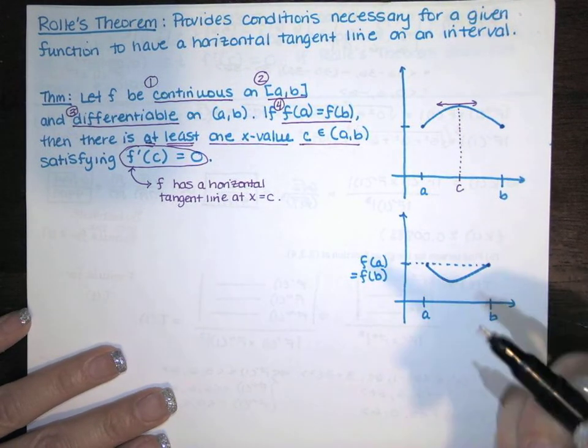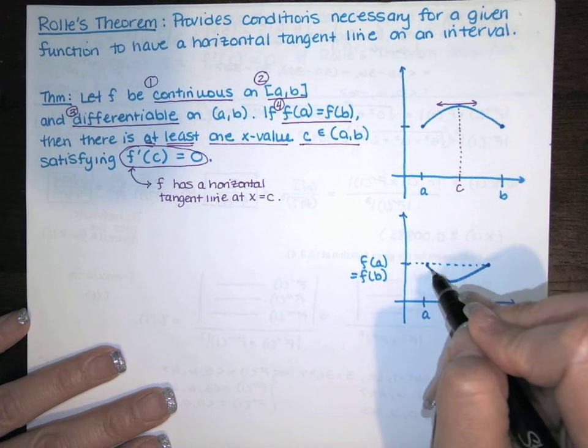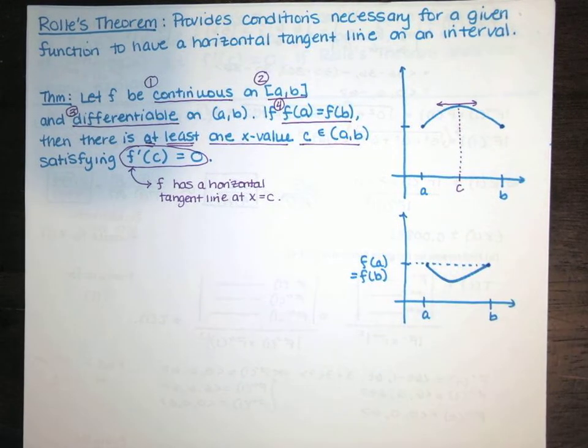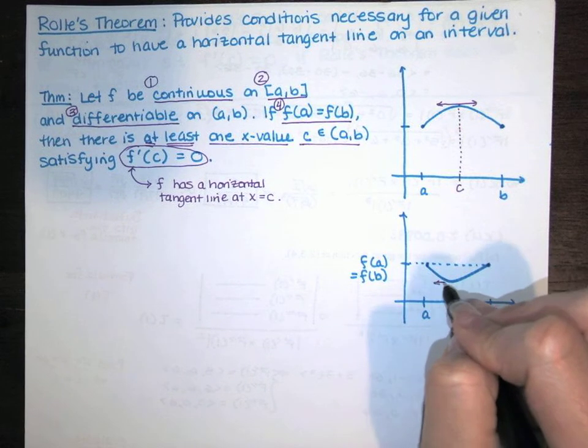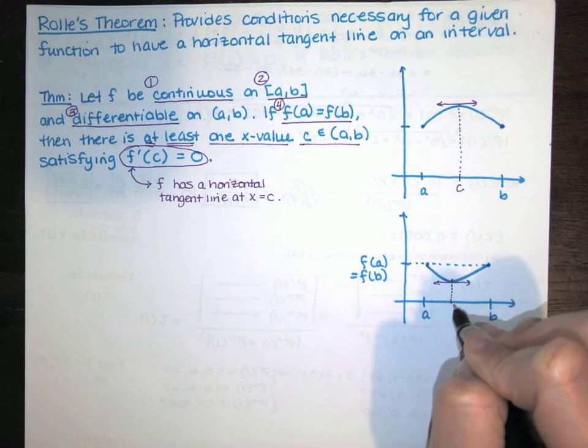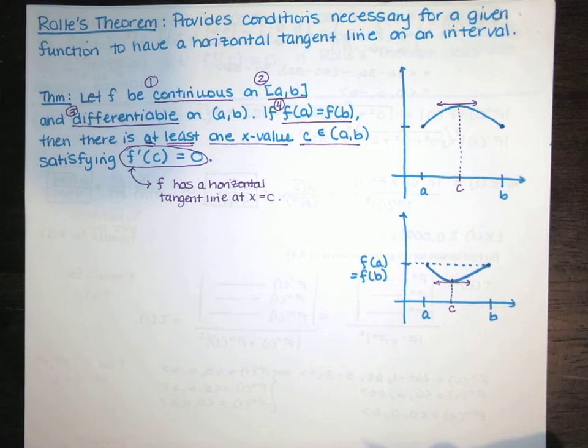So if it goes down and then has to come back up, and we're guaranteed that it's nice and smooth because it's differentiable, there must be some x value in between a and b where the slope is 0, where that tangent line is horizontal.